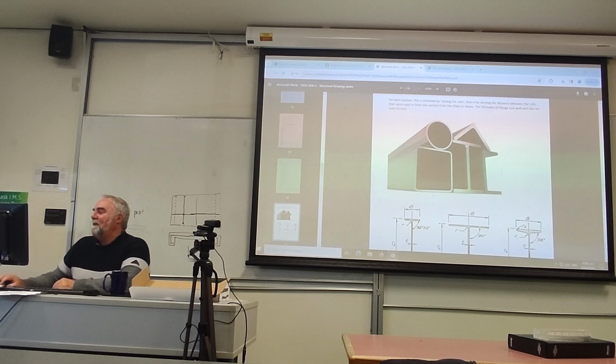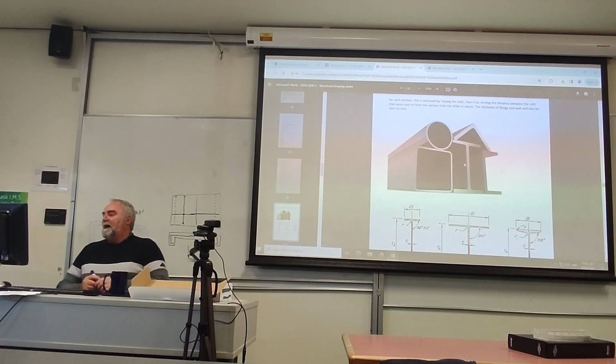Okay, this here is a beam, but the column, I think I may have sketched this in the past.